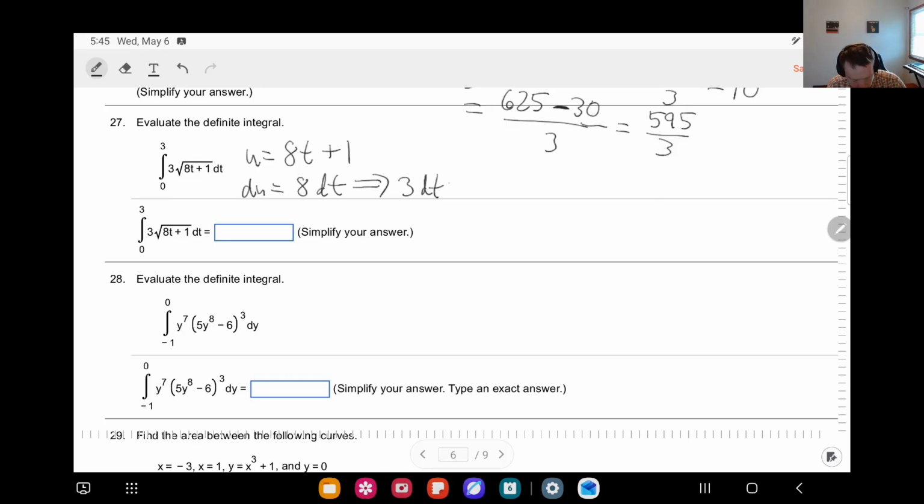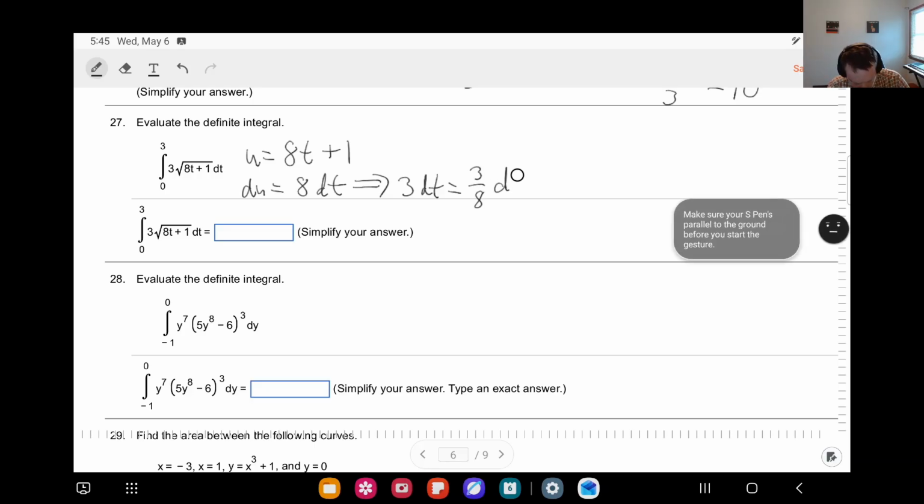So what is 3 dt equal to? Well, we'll just have to do a little algebra to figure that out. Let's see, that will be 3/8, I believe. Excuse me, du.